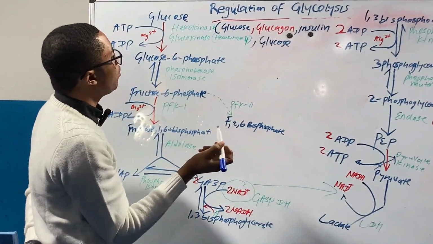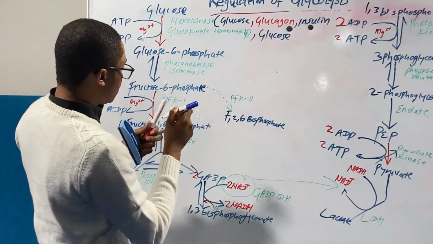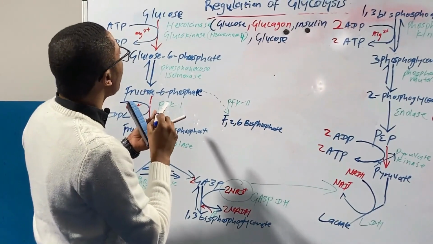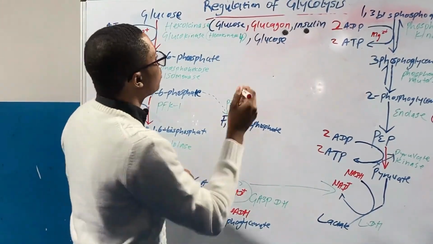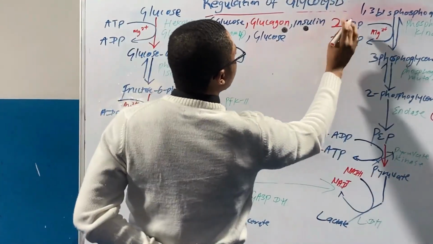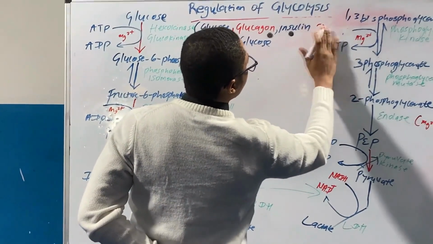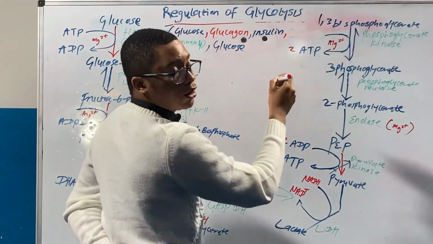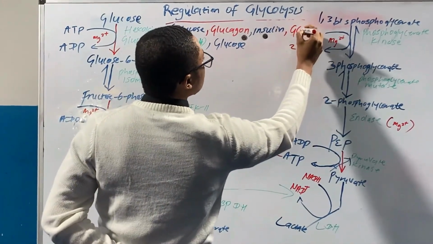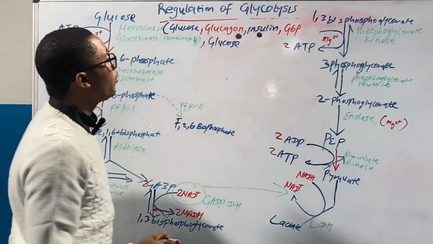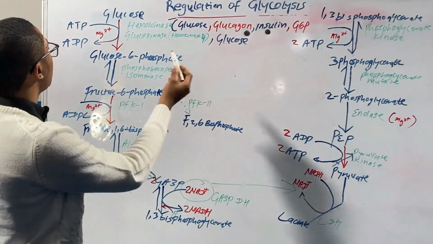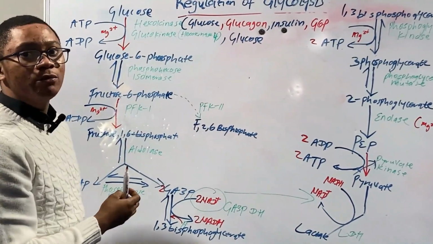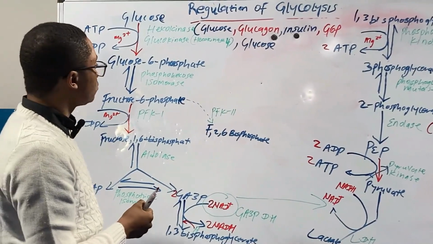I'll abbreviate glucose phosphate as GCP. So glucose phosphate inhibits hexokinase by feedback inhibition.